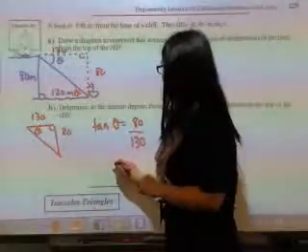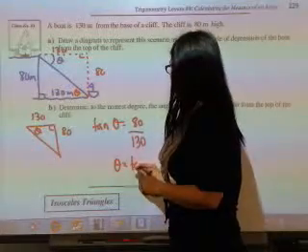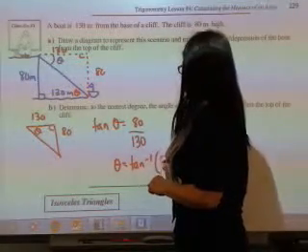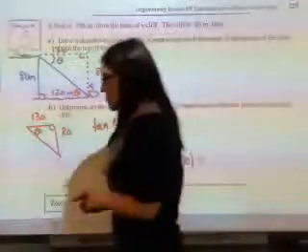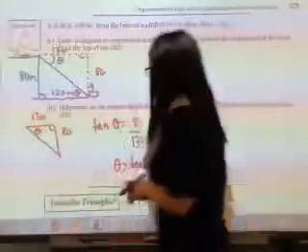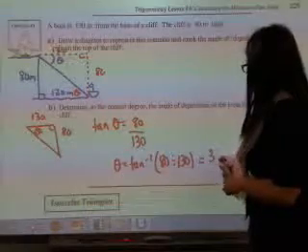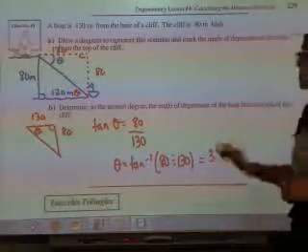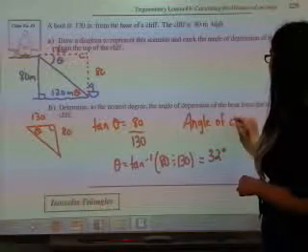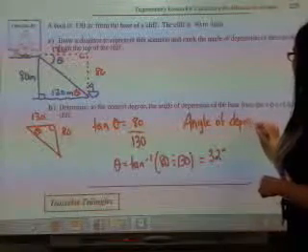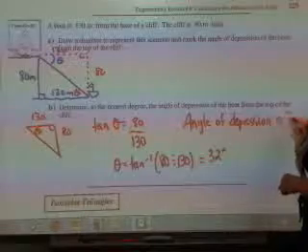So then angle theta would be tan inverse of 80 divided by 130, which gives me, to the nearest whole degree, 32. So the angle of depression is 32 degrees.